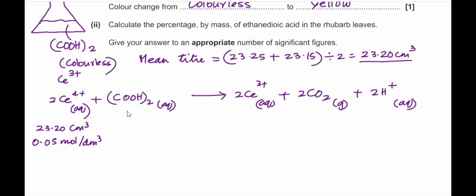(COOH)2, we know it came from 82.68 grams of the leaves and then converted into 250 cm cubed solution, and then from there we took just 25 cubic centimeters for the titration. Alright, now the products are not relevant here.